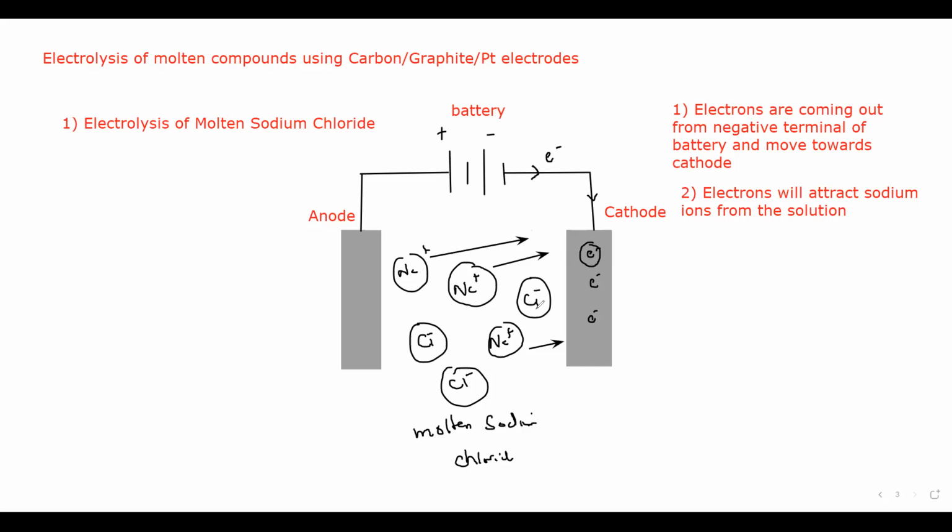Sodium is already lost. When you have a sodium ion, it means it has 11 protons and 10 electrons. How can it convert back into an atom again?